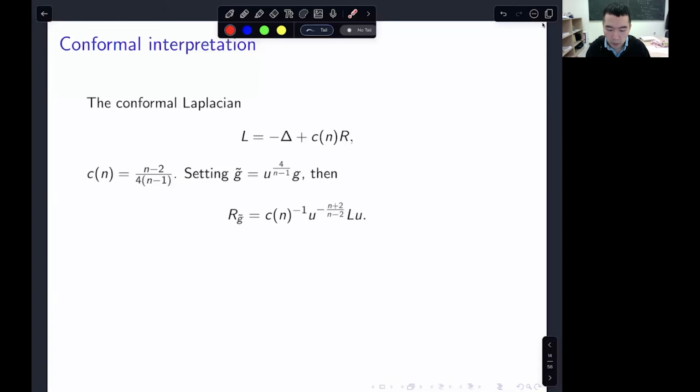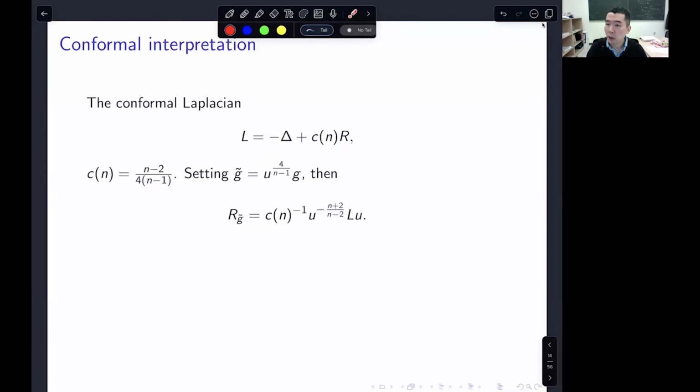On any Riemannian manifold, we can consider the conformal Laplacian. This is just minus the Laplacian plus a dimensional constant times the scalar curvature, and here the dimensional constant is (n-2)/(4(n-1)).